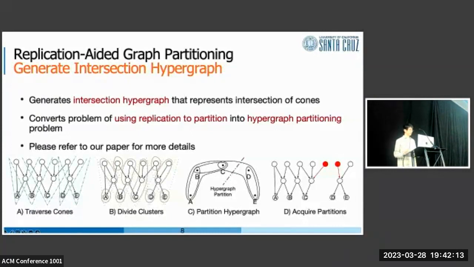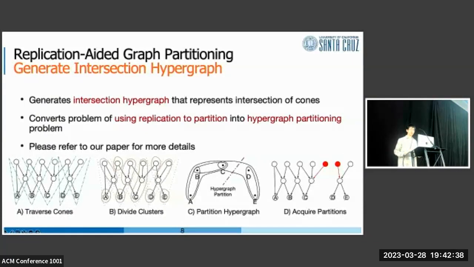After splitting at register and memory boundaries, RepCut generates an intersection hypergraph that represents the intersection relationship of cones. By doing so, RepCut converts the problem of using replication to partition into a hypergraph partitioning problem. The latter is known to be NP-hard, but compared with the former is well studied.